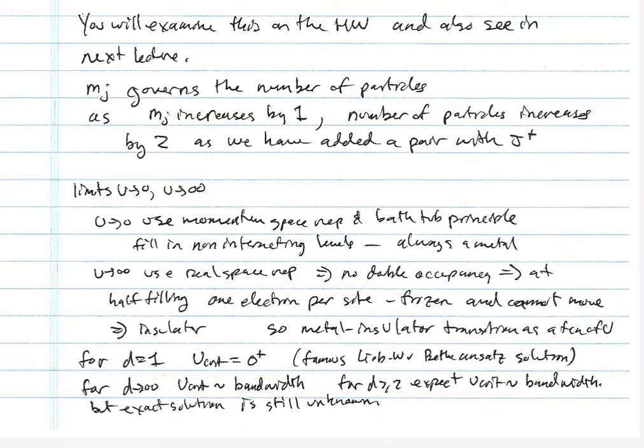Another limit where we have an exact result is the limit d goes to infinity, and in that case the critical U is on the order of the bandwidth. It is expected in the community that for d greater than or equal to 2, this U critical will be on the order of the bandwidth, but there is no explicit proof of this. There's only numerical evidence that indicates this is likely the case.